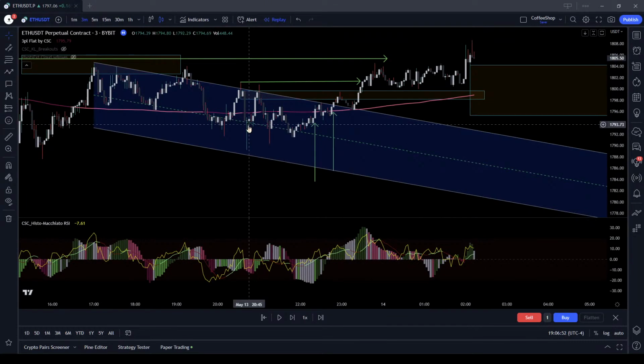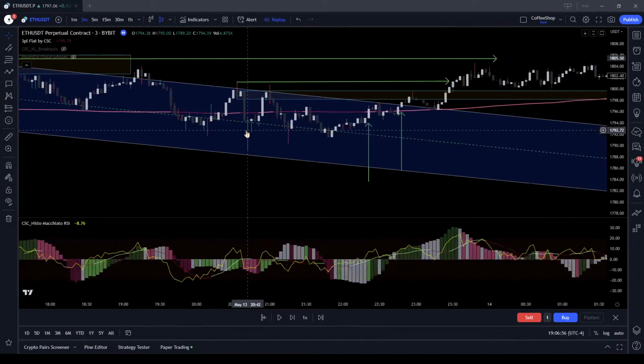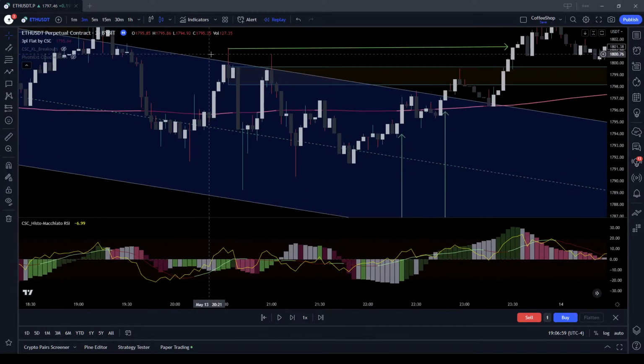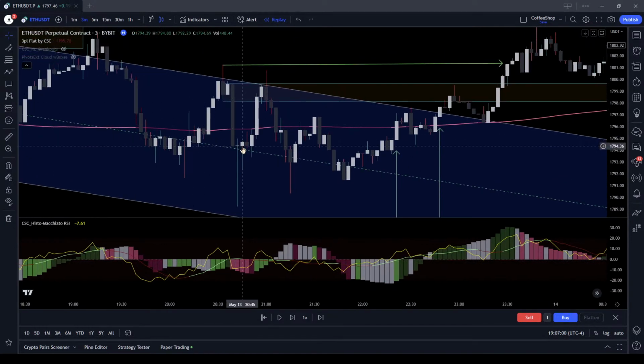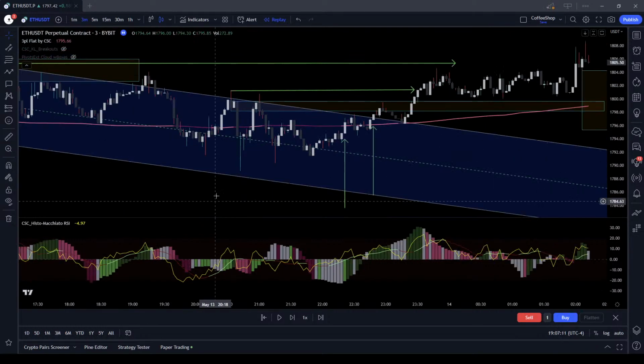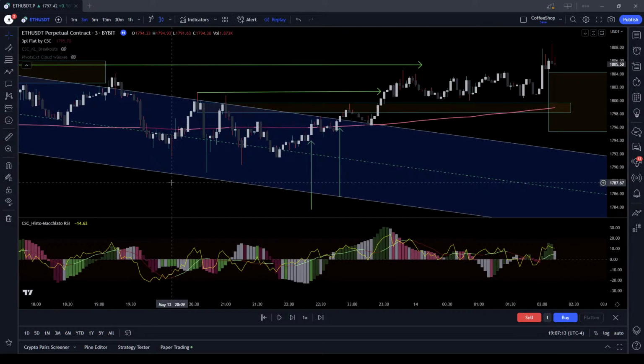Even these long wicks, look at them. These long wicks that came down, the close of these candles is above the midline. What is that telling you? You are still with upwards momentum, but price did not catch up yet. Okay? Long wicks on the bottom means you're still pushing up. Long wicks on top means you're pushing down.